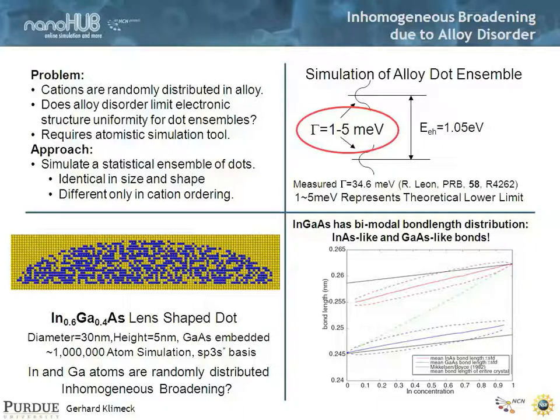And she has, of course, not had extremely good control of size, shape, positioning. That tells me that out of those 35 milli-electron volts, alloy disorder could have played a significant part, even if she could have placed these quantum dots exactly. The lowest you can get to is roughly 5 milli-electron volts.